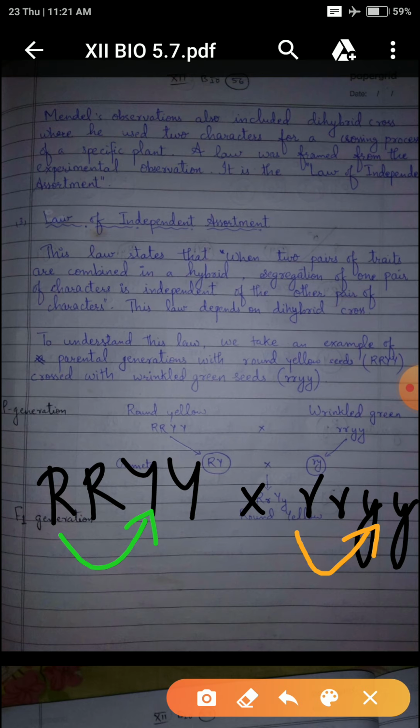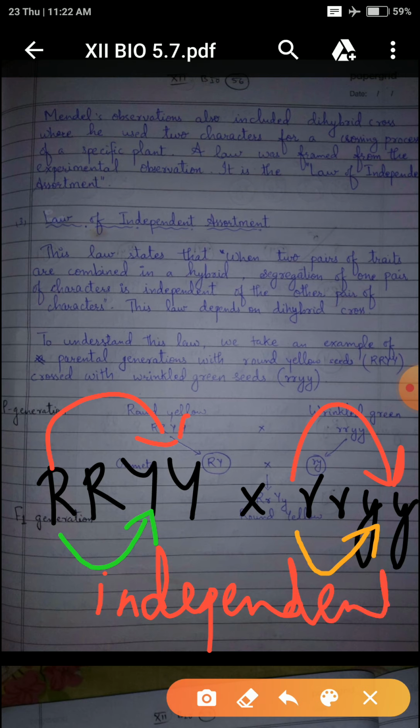But what he stated is that the color depending upon the characters is actually totally independent. They do not depend on each other. If the shape is segregated, it will be segregated separately. If the color is segregated, it will be segregated separately. How? We will just see that.